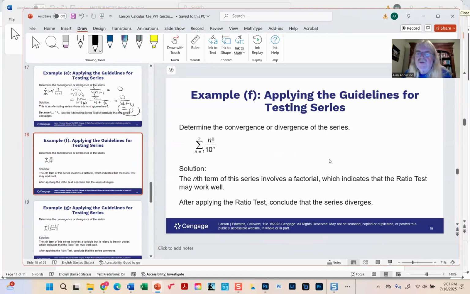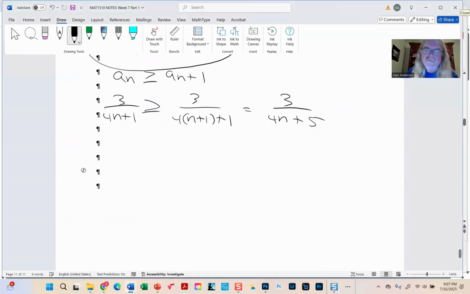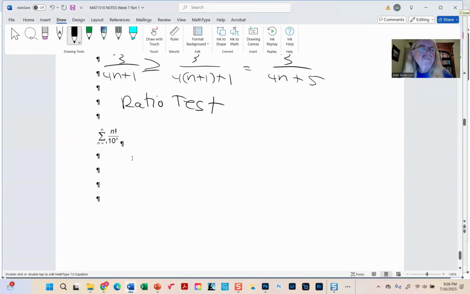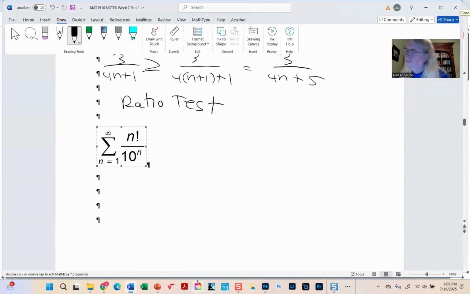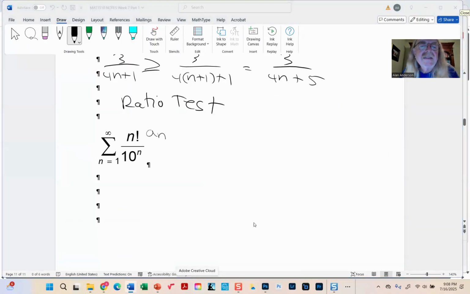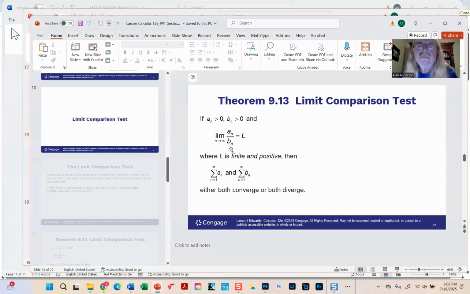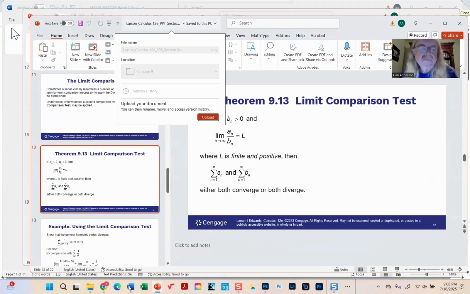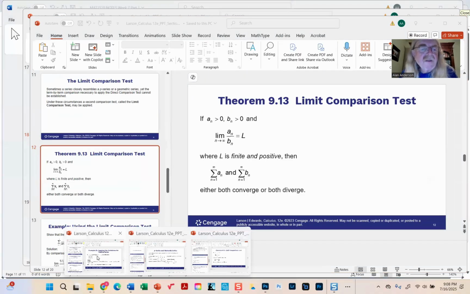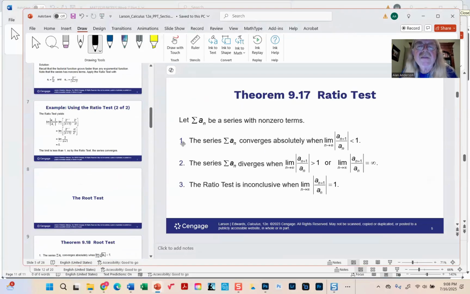So here they're recommending we use the ratio test. All right, let's see. So if this is our A, let's go back and look at the list of conditions that we need to meet. Here it is.